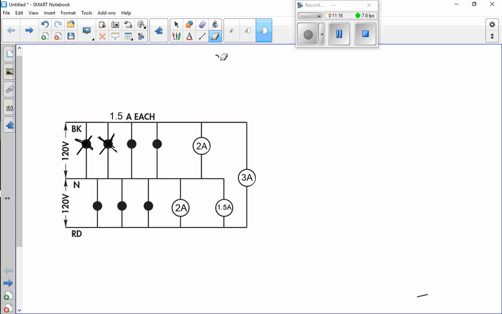Okay, so arbitrarily, these 2 lamps are now burnt out.